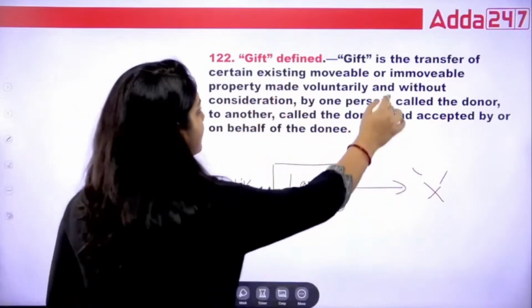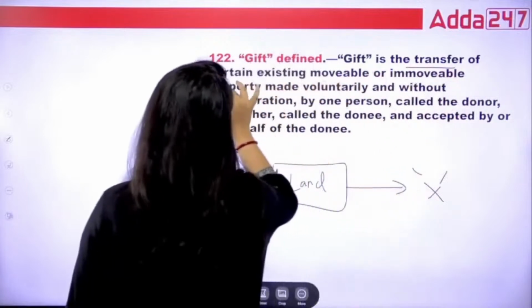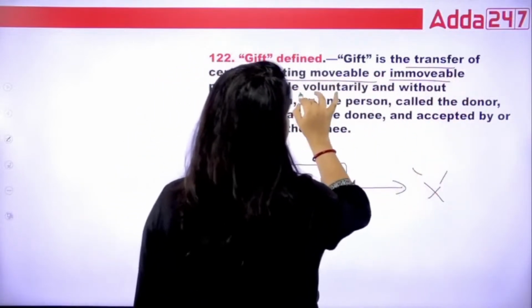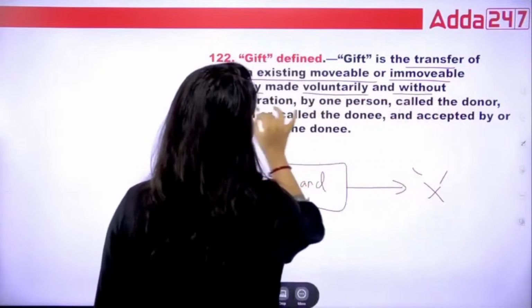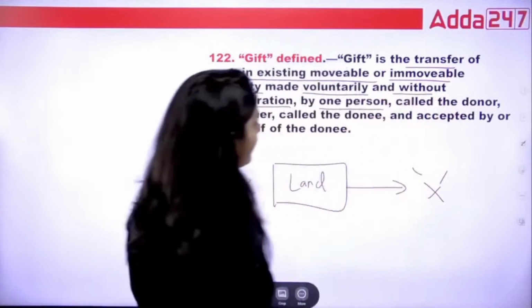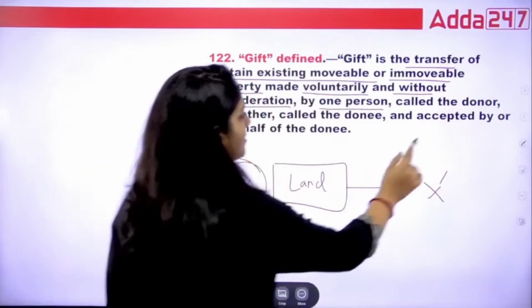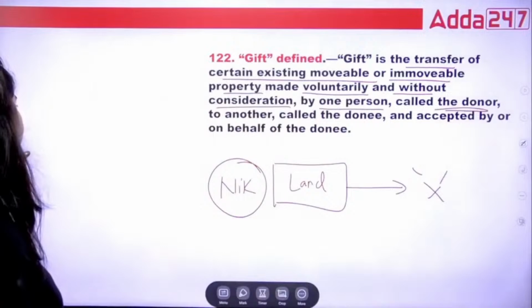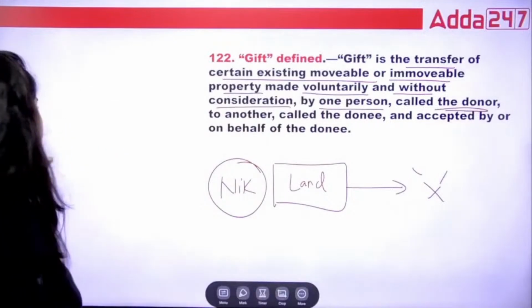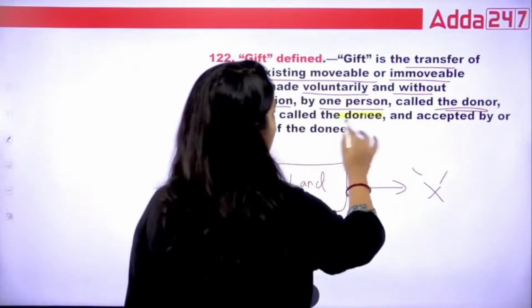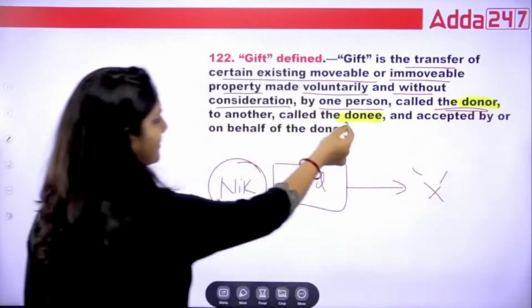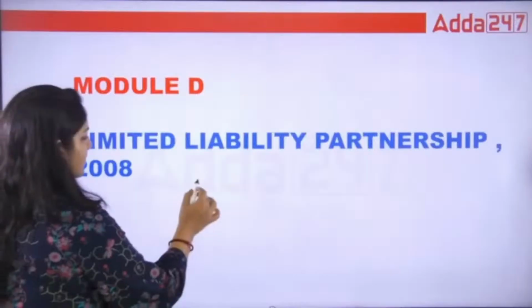So gift is the transfer of certain existing movable or immovable property made voluntarily and without consideration by one person. Nikita ma'am is called donor and X person is called donee.